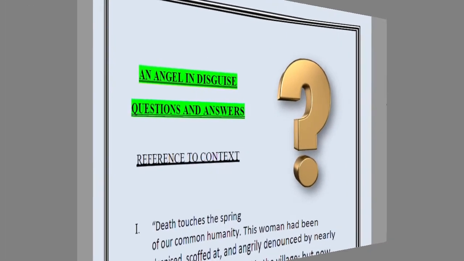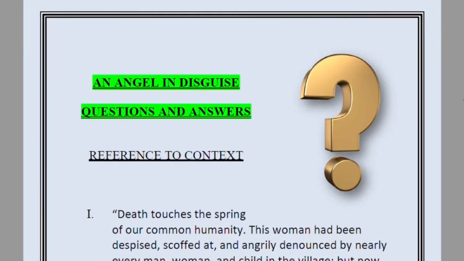An Angel in Disguise is a big chapter. It is a big story, and for class 9s and class 10s, you have this story. It may come in your exam. So I have prepared for you the most probable questions that may come in your exam.